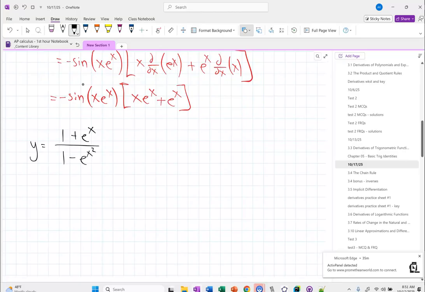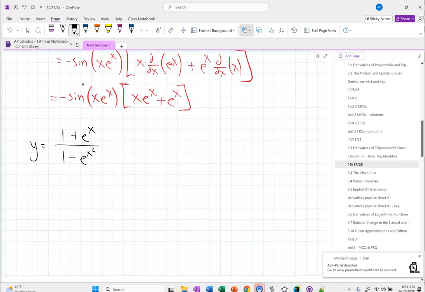What do we see here? See a quotient rule, right? Yep, that's good. Anything else? The composition. Where's the composition at? E to the x squared. Which is the first one I should get to? The quotient or the chain? The quotient, right?